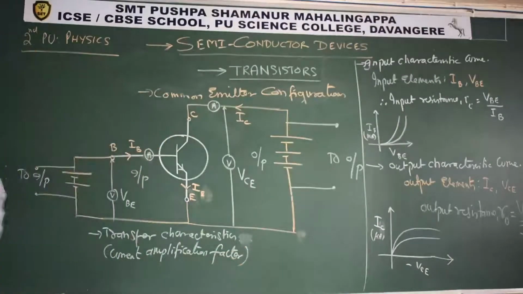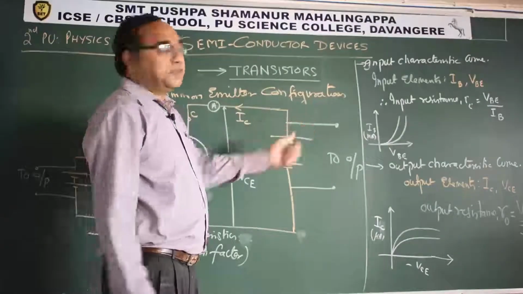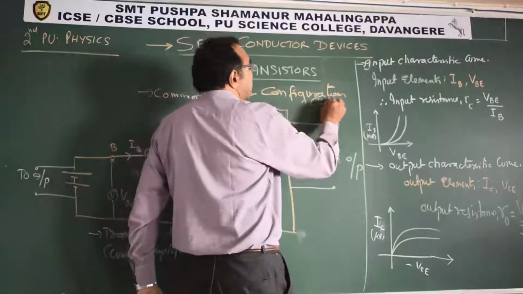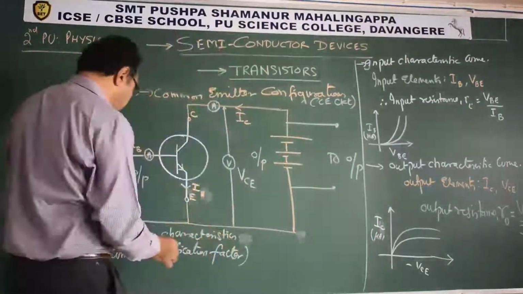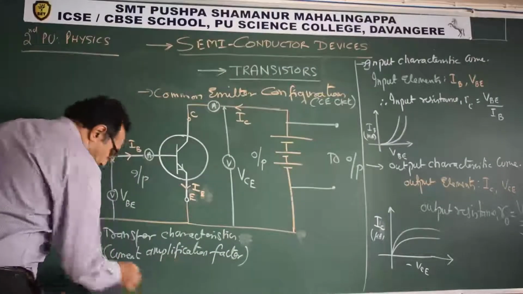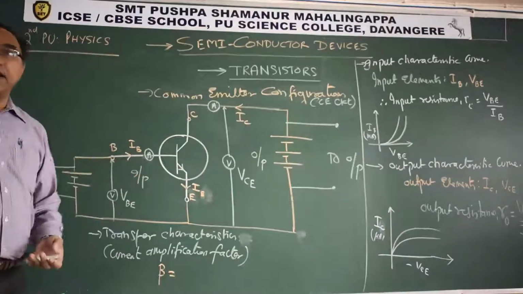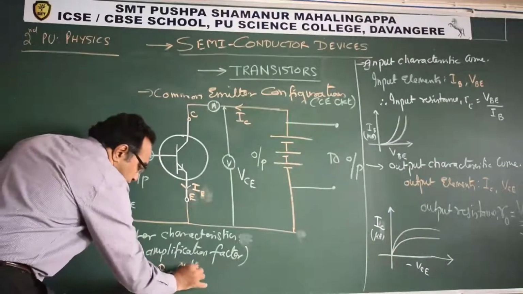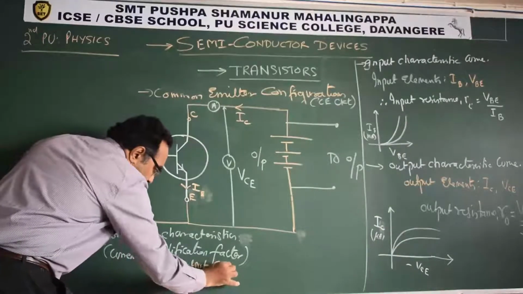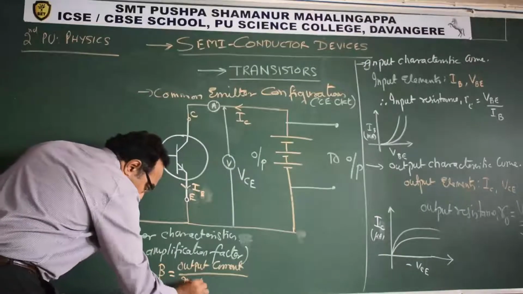This is the CE circuit. In a CE configuration, the current amplification factor is denoted by beta. Compulsorily it is denoted by beta. Beta is equal to output current upon input current.